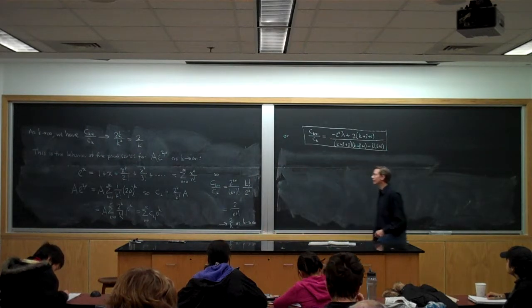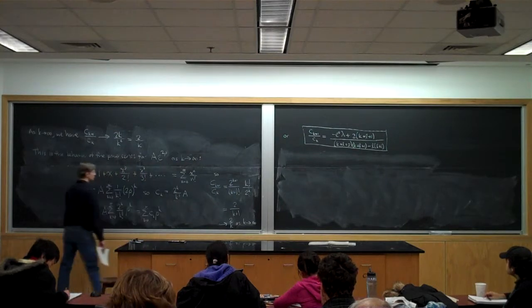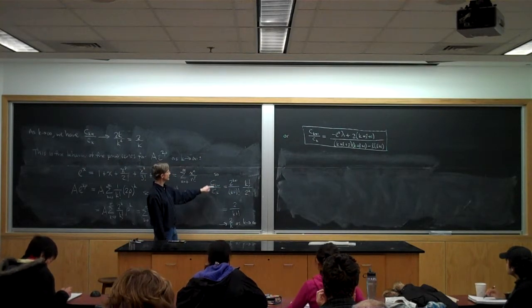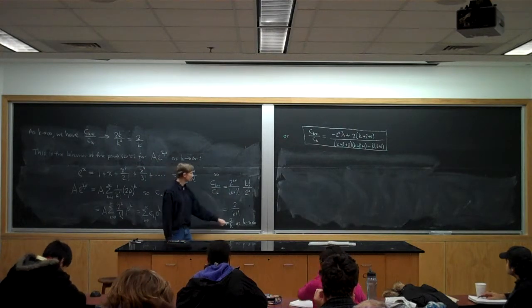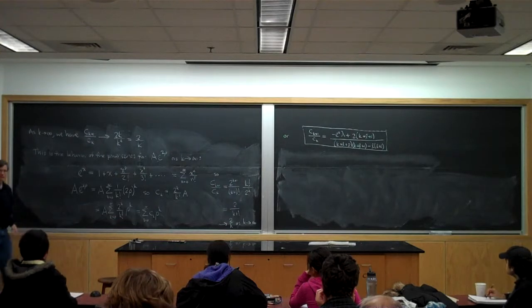So in other words, the power series for a e to the 2 rho as k goes to infinity also has the property that c sub k plus 1 over c sub k goes like 2 over k as k goes to infinity.